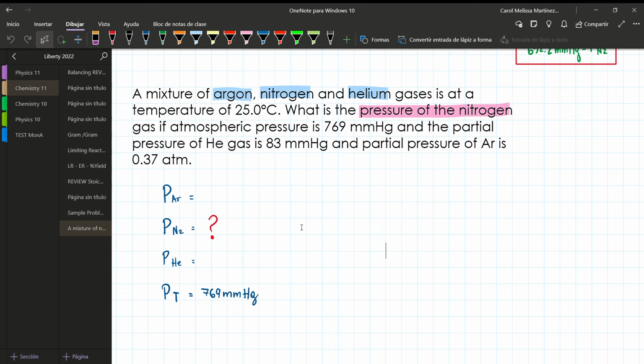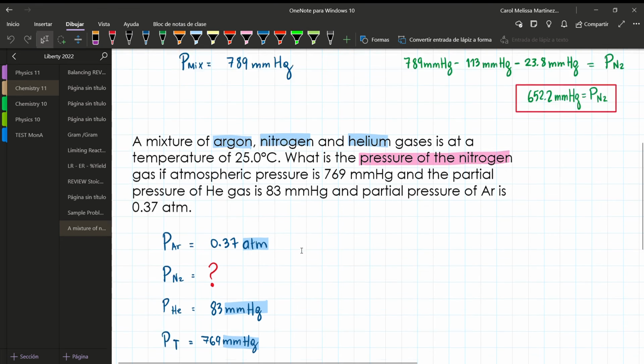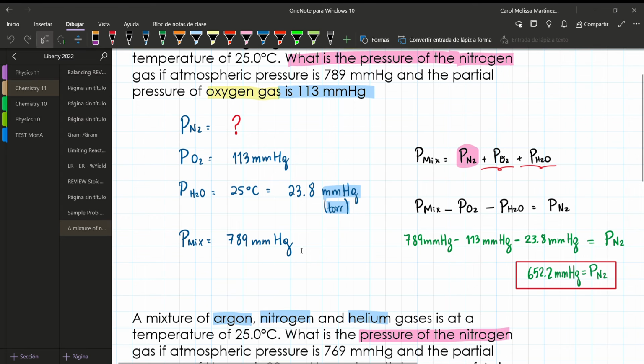It says the partial pressure of helium gas is 83 millimeters of mercury, and partial pressure of argon is 0.37 atmospheres. So, first thing I notice is that I have millimeters of mercury and atm. So I need to convert, because you can add or subtract only those terms that are alike.